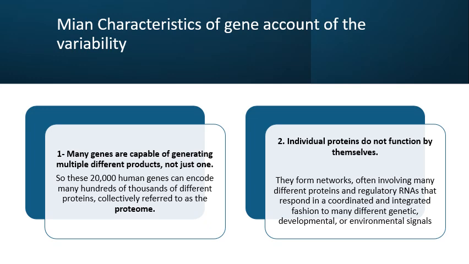And these individual proteins do not function by themselves. They form an integrated network of proteins that work in an integrated fashion, and they regulate each other, which we will touch base on in the next slide.